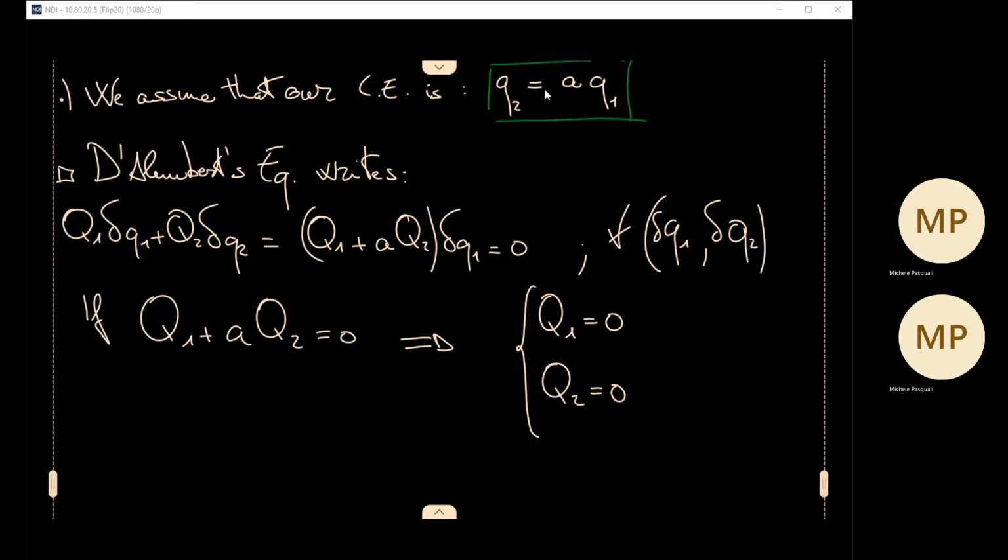Well, when you say that if the vector is 0, it means that the components are 0. This is true only if the triad in which you write the vector is made out of what? Orthogonal, that's to say independent directions.